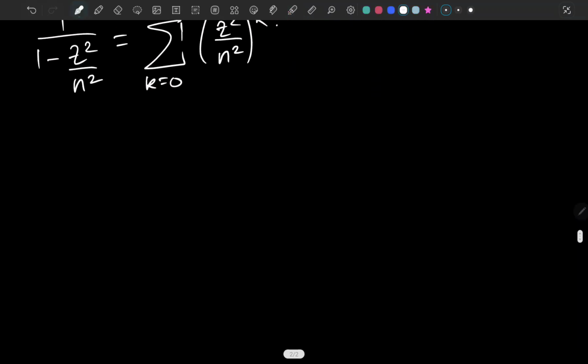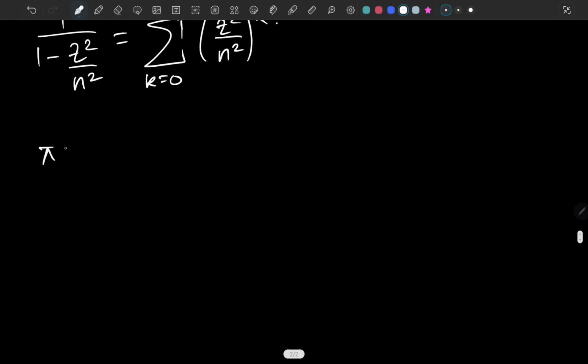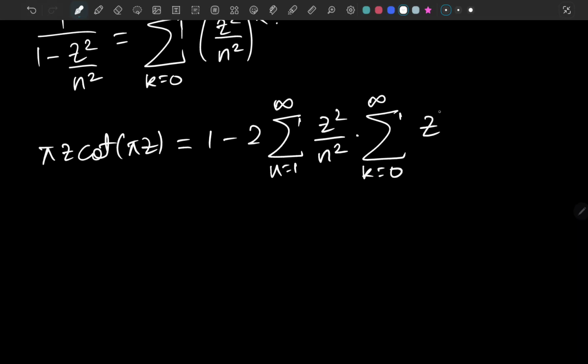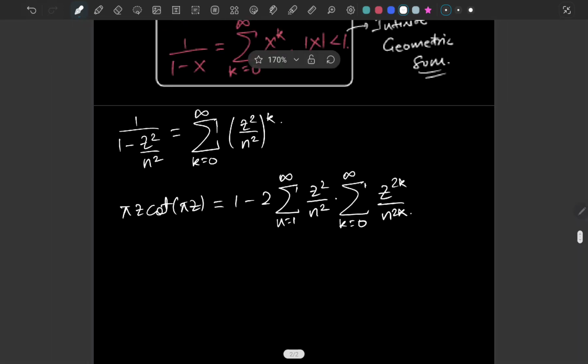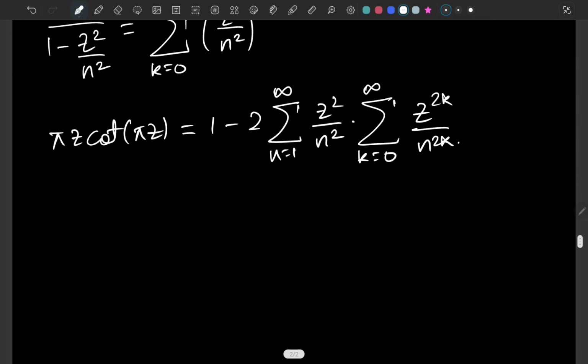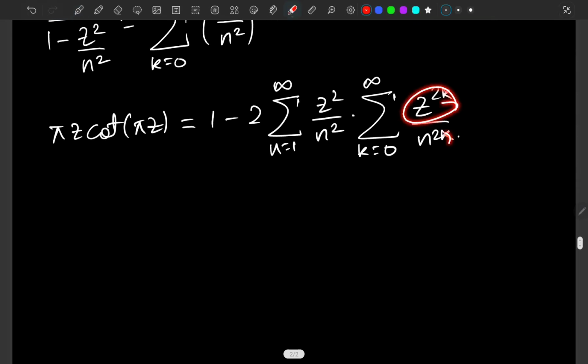Let's just do that. So basically we are having pi z cotangent of pi z equals 1 minus 2 times the sum as n goes from 1 to infinity of z squared over n squared, times another sum as k goes from 0 to infinity of z to the 2k over n to the 2k, right? We just split the exponents here.